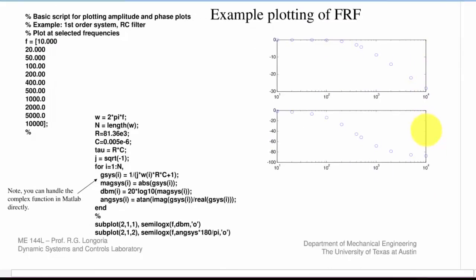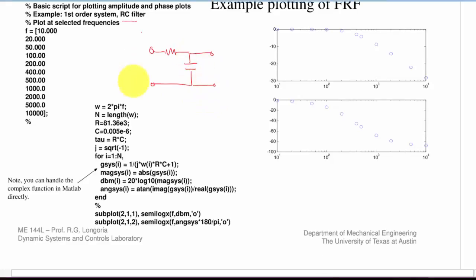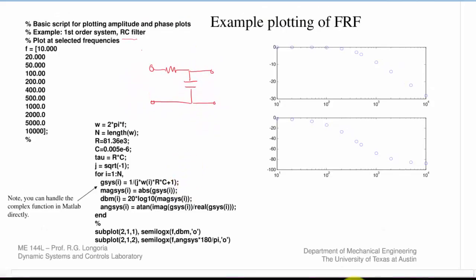I put a little example here. You can look at it on the slides in more detail. A little RC filter. What does that look like? Well, that's just a circuit that has a resistor, and you'll remember this from your circuits class. If I put in a sine wave in here, I can look at the output here.